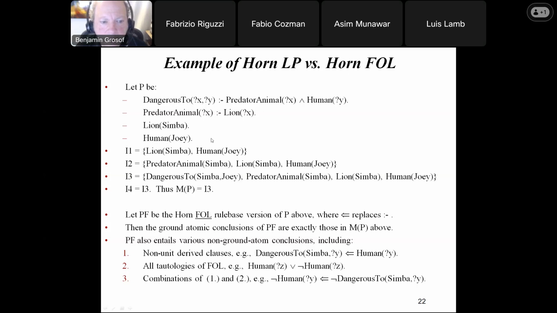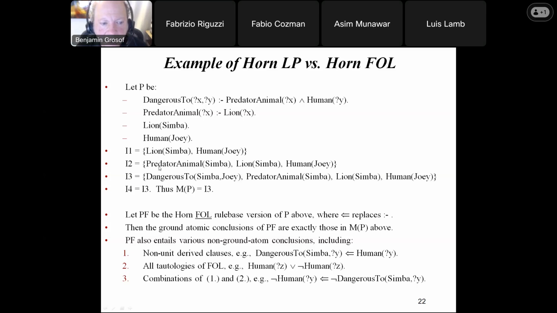So doing an iteration, applying just one rule, we get in the constructive bottom-up least fixed point style of semantics or exhaustive proof procedure, that Simba is a lion, which is included just from the assertion, and ditto that Joey is human.